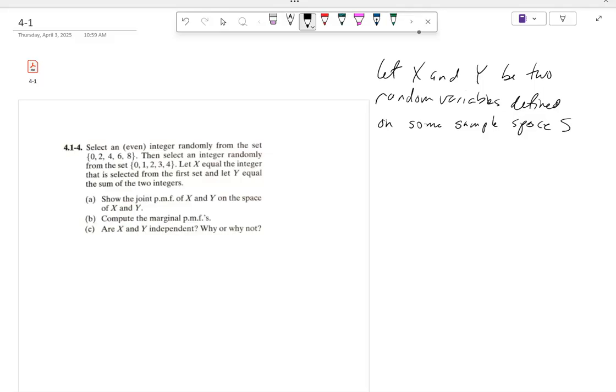This sample space needs to represent outcomes for X and Y at the same time. So your sample space is going to be thought of as ordered pairs in this case. We need an outcome for X and an outcome for Y, and they need to be able to happen at the same time. So we'll have a sample space made up of ordered pairs. Your book refers to it as a two-dimensional space.